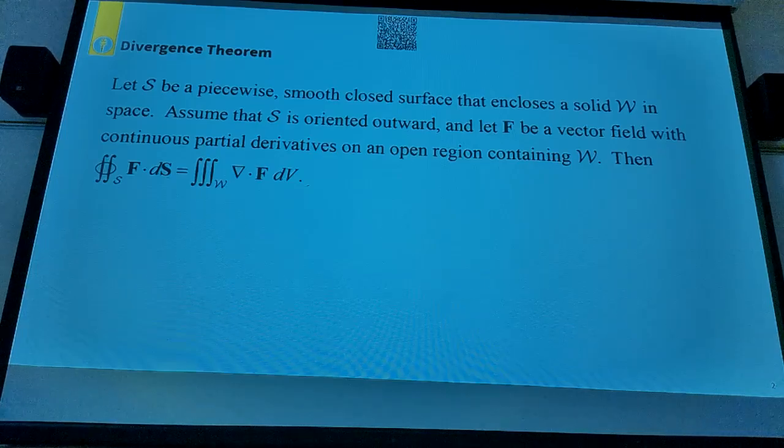F is a vector field with continuous partial derivatives. Then the outward flux of F through the closed surface is the triple integral of the divergence of F over the solid that is enclosed by the surface.